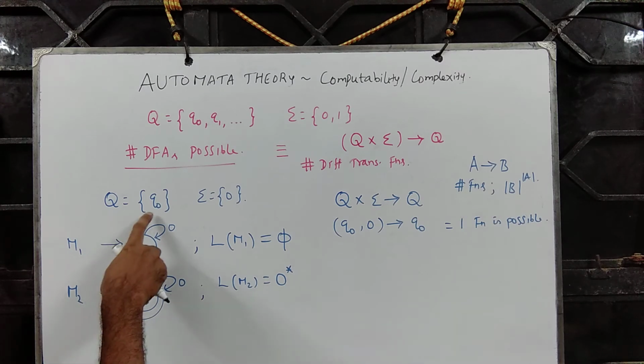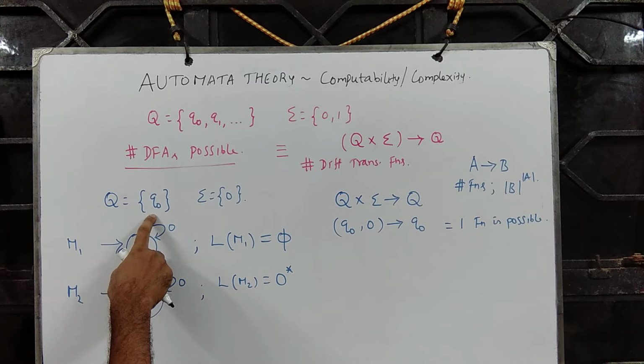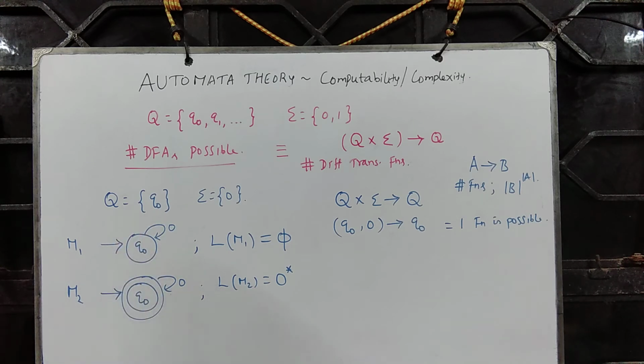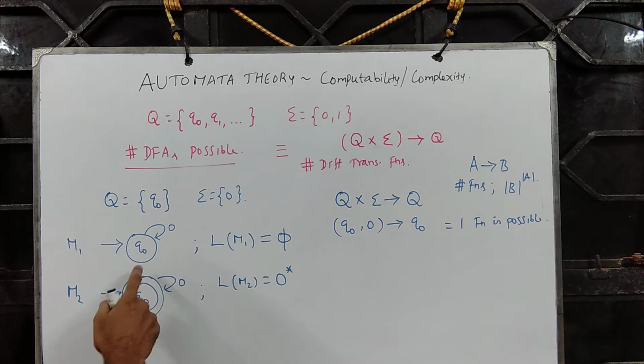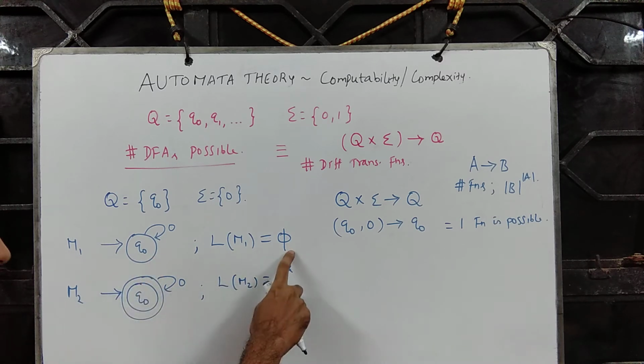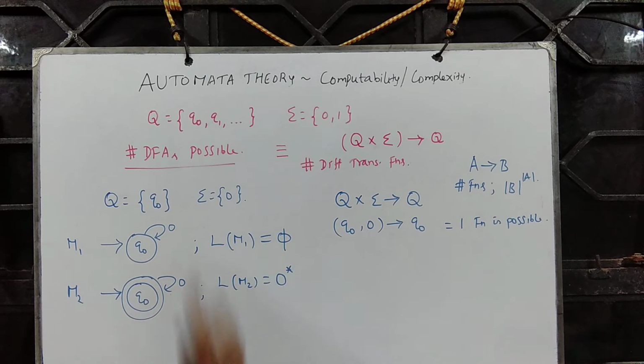Since only one state is there, it has to be the start state. A final state can be there or it need not be there. For example, in this case it is not there and it is still a deterministic finite automaton. Only thing is it accepts nothing, the empty set.